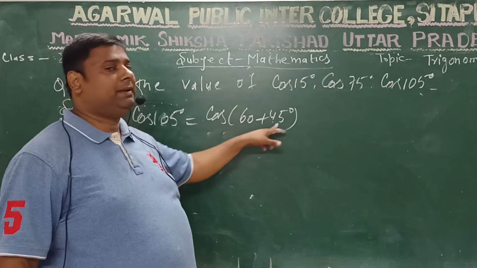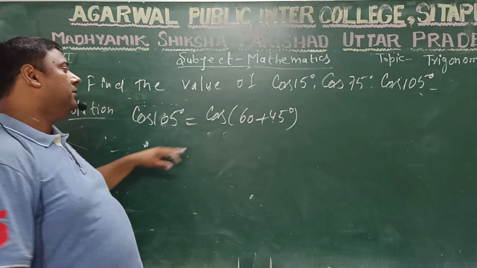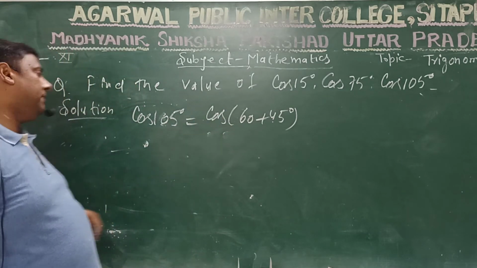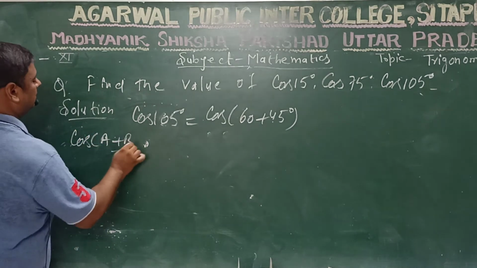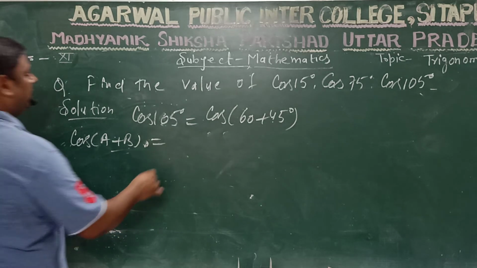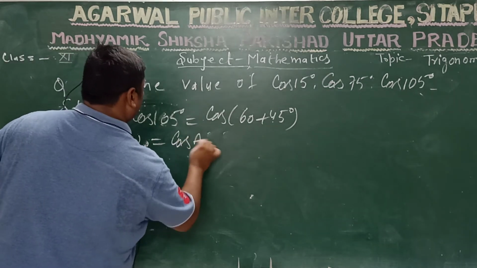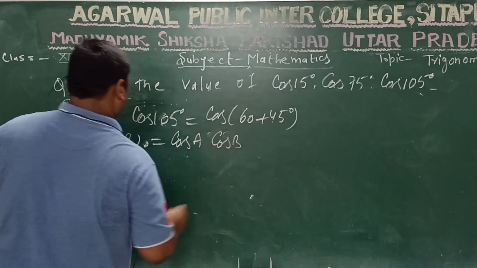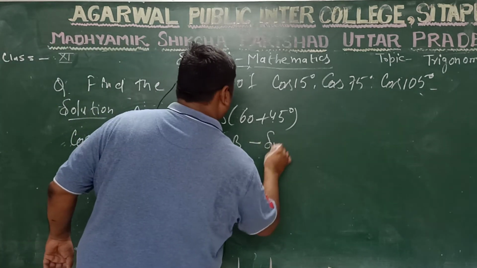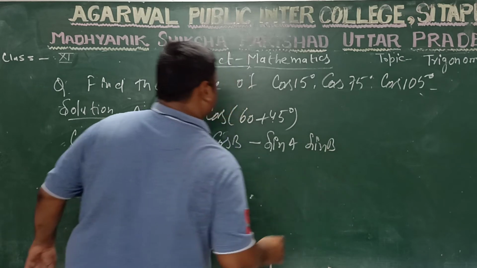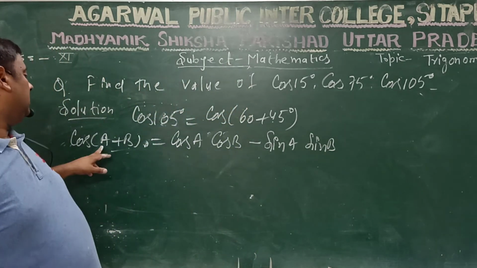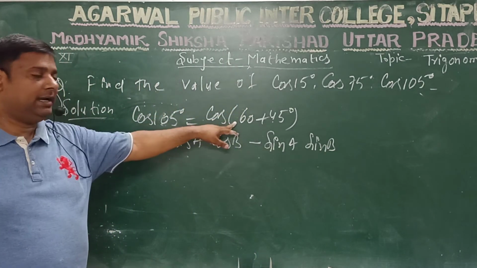This is cos A plus B. So we are using the formula of cos A plus B: cos A cos B minus sin A sin B. Okay, and these two lines are identical.